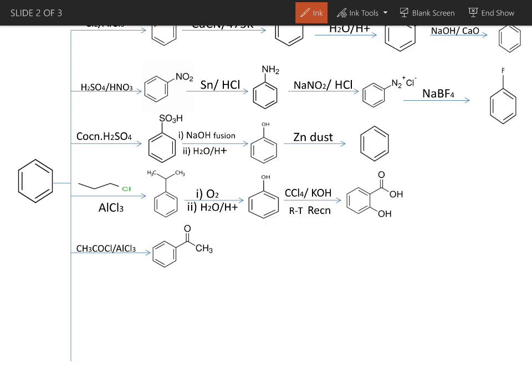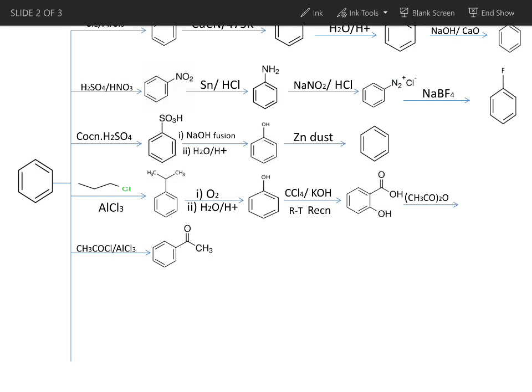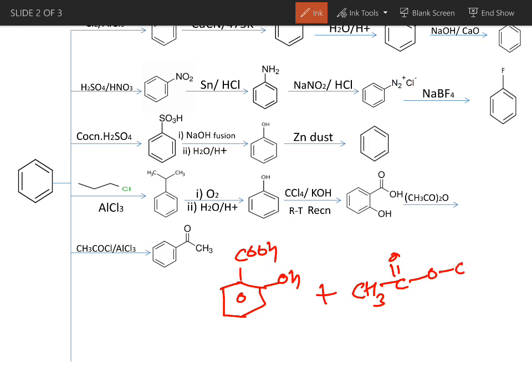Now this salicylic acid is further made to react with acetic anhydride. Here, when salicylic acid, with COOH and OH, is reacted with acetic anhydride, if I expand the acetic anhydride, polarity will be present, minus, plus, minus, plus, minus. A lone pair of electrons attacks this electron deficient carbon, and this hydrogen will be abstracted by this oxygen.